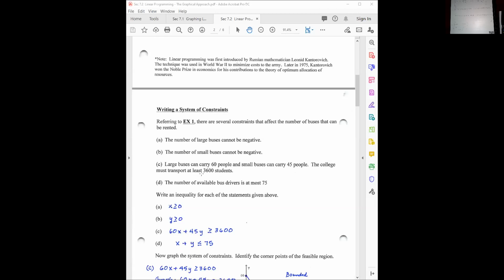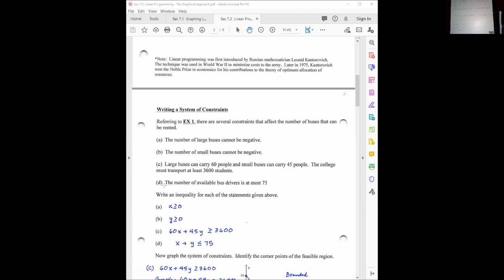So the words at least mean a minimum of 3,600. So 3,600 or greater. In other words, greater than or equal to 3,600. That's how you read this. Okay. So that constraint is created by that information. Sentence C creates the C constraint.